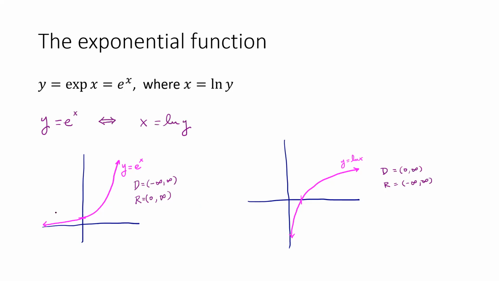Notice here that as x goes to negative infinity, the graph will go to 0. So we can describe that as the limit as x goes to negative infinity, we get 0. As it goes to the left, we see we get 0. And the limit as x goes to positive infinity, as it goes to the right, the graph is going to blow up. It's going to go to positive infinity.